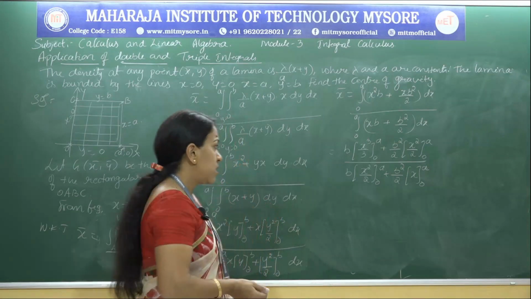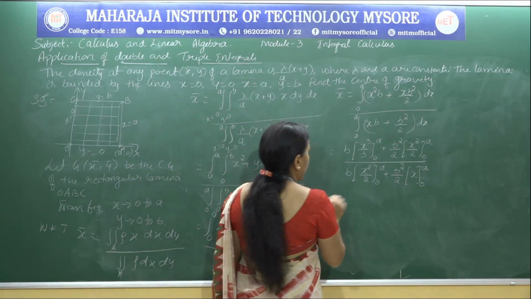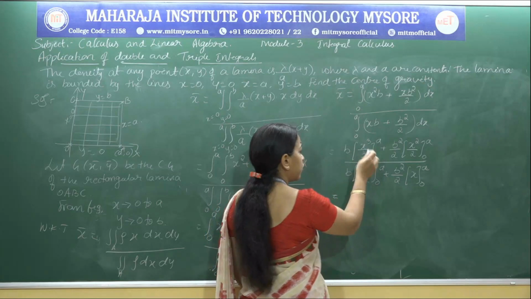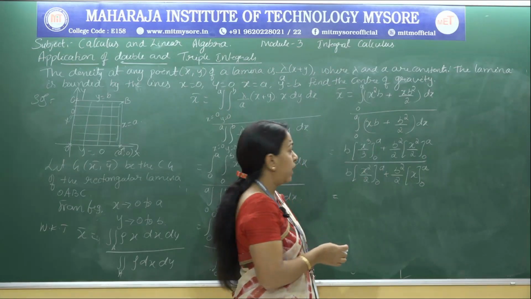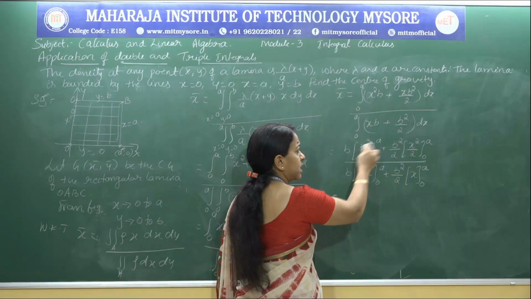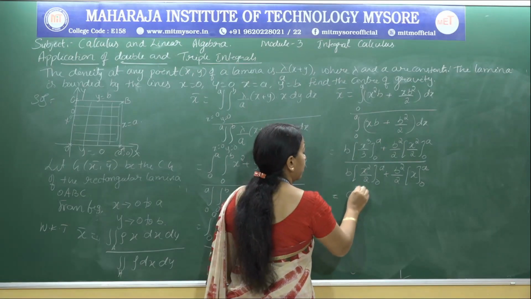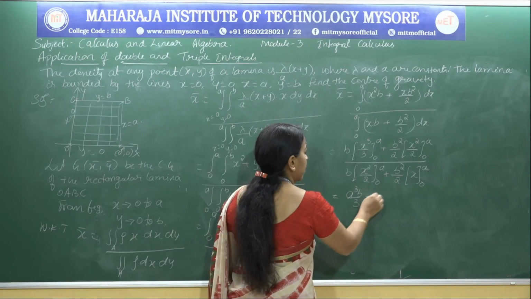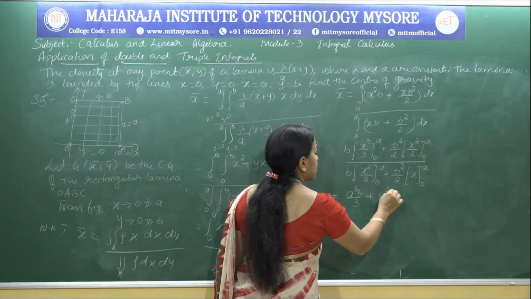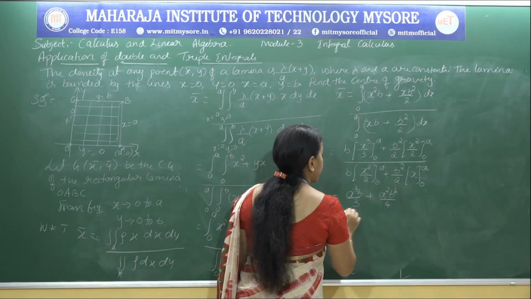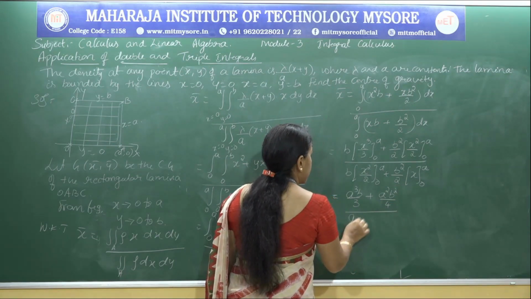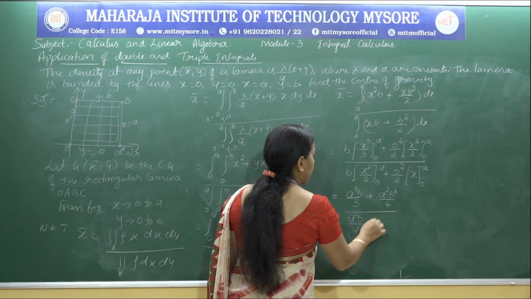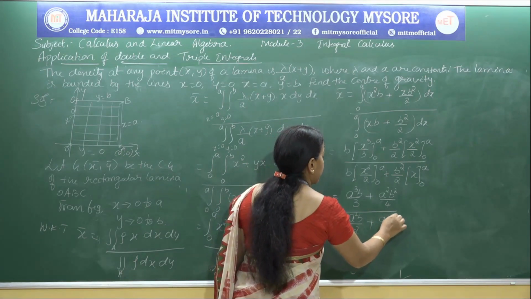Now, apply the limits and simplify. That is b by 3, and of course here also we have lower limit 0. If I replace x by a, we have a cube b by 3 plus a square b square by 4, divided by a square b by 2 plus a b square by 2.